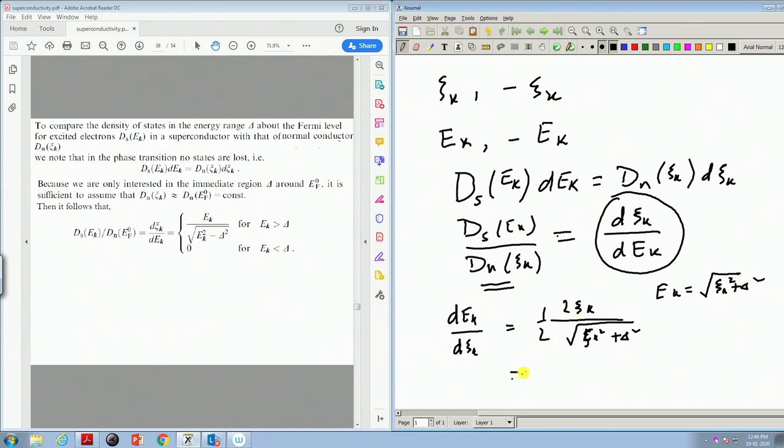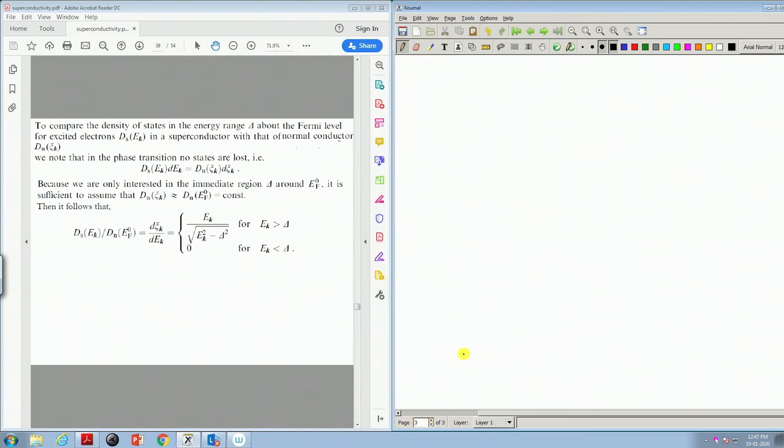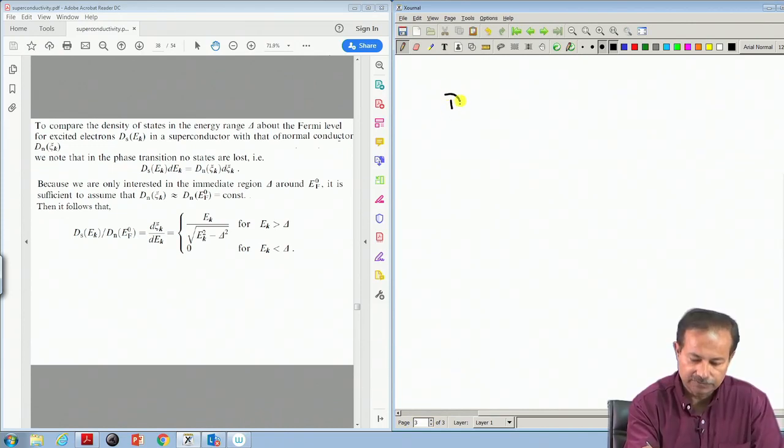Now, these 2 cancel, and epsilon k you write in terms of E k. It has to be entirely written in terms of E k. So, this is root over E k square minus delta square divided by E of k, and so the density of states is just the inverse of that.